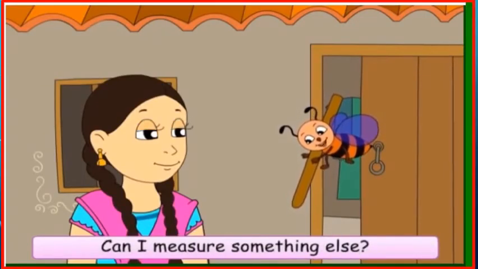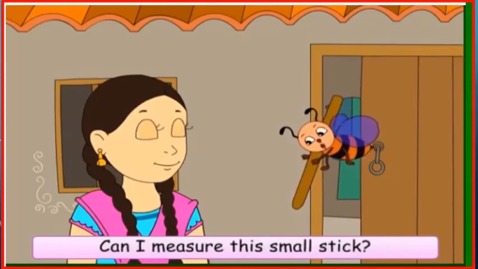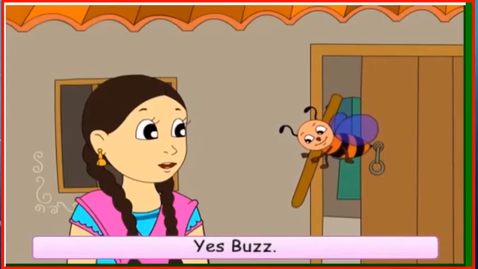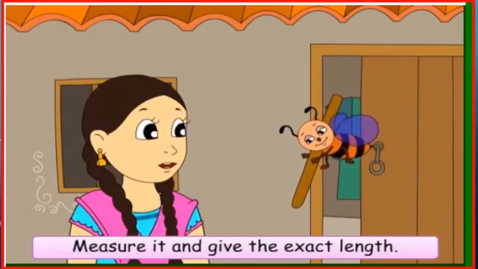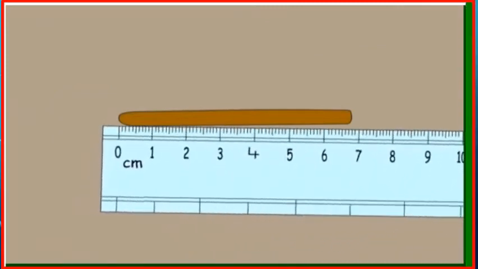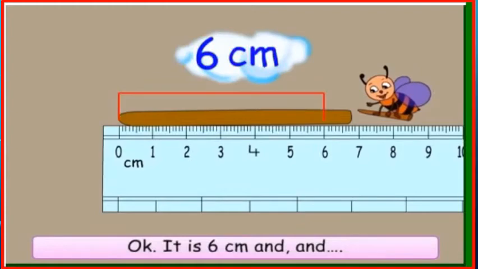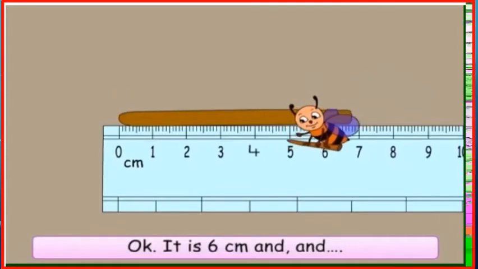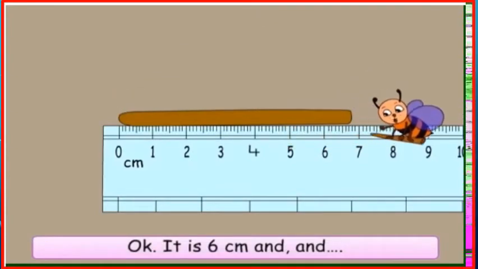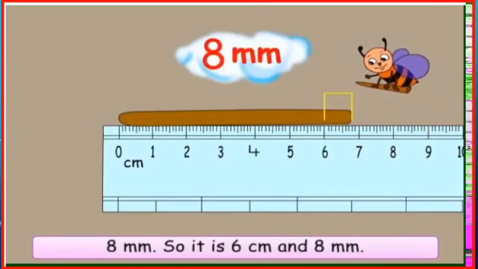Can I measure something else? Can I measure this small stick? Yes, Buzz. Measure it and give the exact length. Okay, it is 6 centimeters and, wait, I am counting the lines, 8 millimeters.